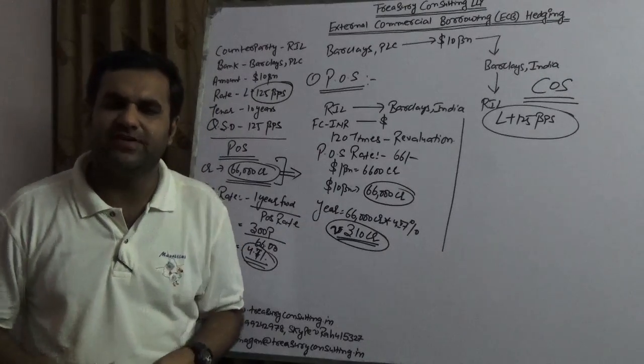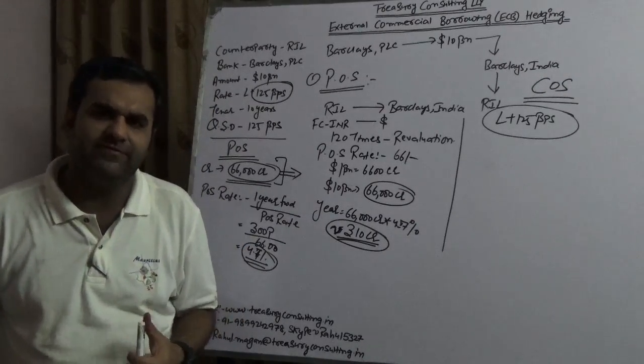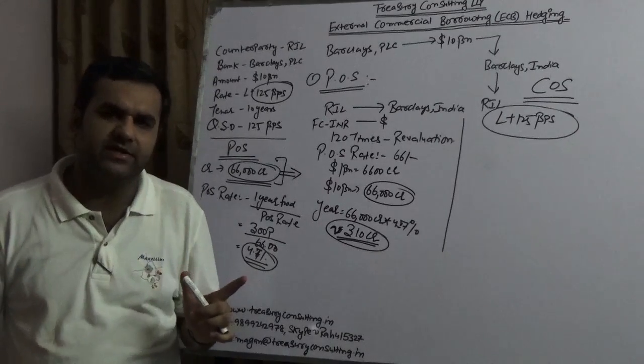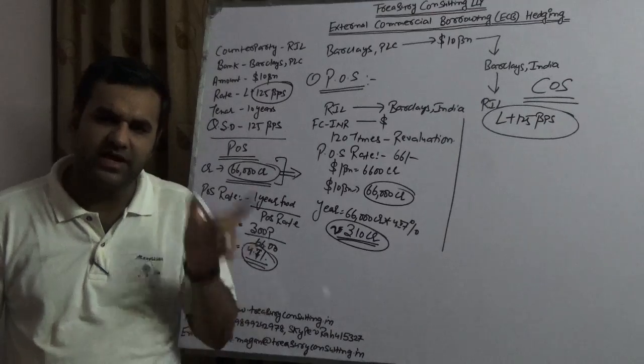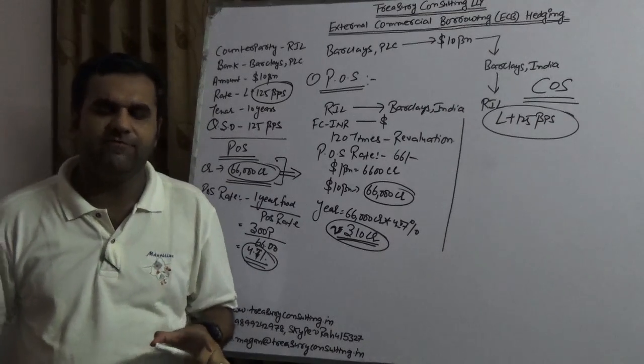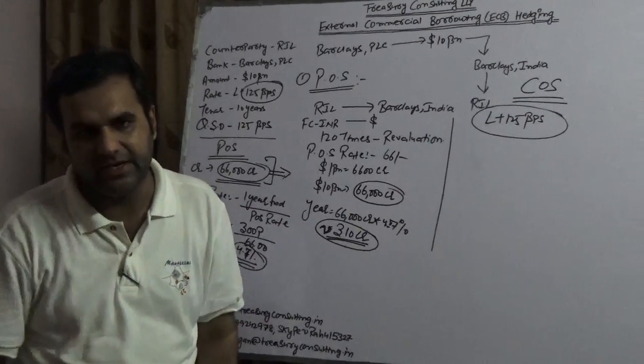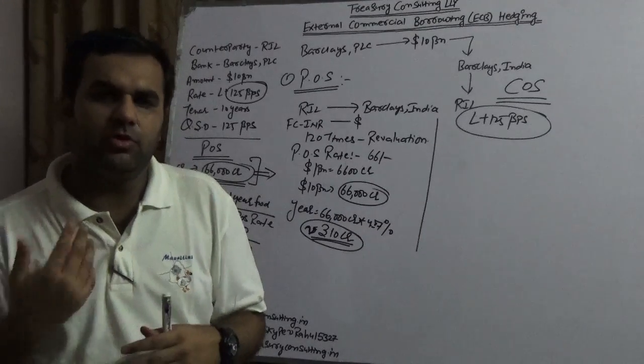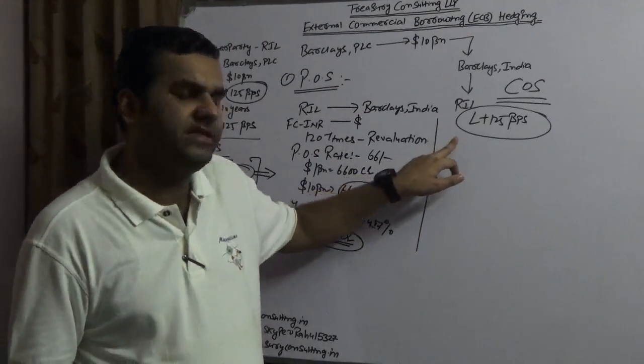In June, the Federal Reserve raised the rate. Now the Fed funds rate is 1.25%. There is a full guarantee that in September the Fed will again raise the rate. And if the Fed raises the rate, in that sense the cost of hedging would go higher. LIBOR would go higher, and L is the floating element in that.